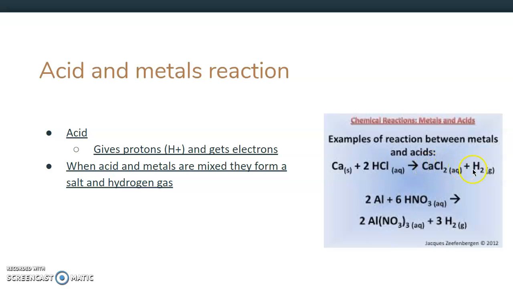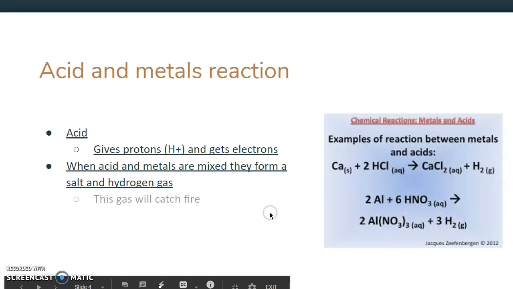This will be our salt, and we will produce our gas just like we did in our water one. We also have another example where we have aluminum with this acid. Our aluminum will go with, this is our nitrate group. NO3 is a nitrate. So our aluminum will go with our nitrate, and we will produce more gas.